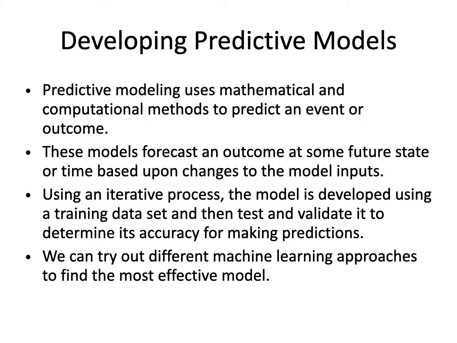We can try out different machine learning approaches to find the most effective model. In order to develop predictive models, we have to go through different types of machine learning approaches, curve fitting tools, or statistics. Being more specific, we'll be discussing the machine learning techniques.